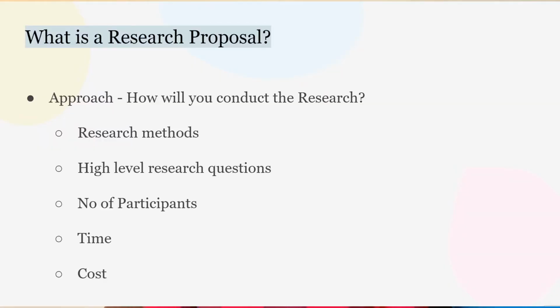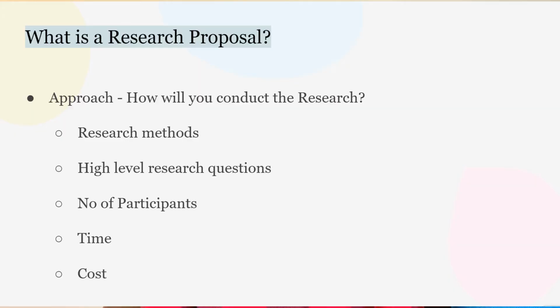You also need to include high-level research questions. It just gives a brief context of what kind of questions you will be asking. Then the number of participants, which is also dependent on your research method. If you're doing qualitative research, then the number of participants will be less compared to a survey. Sometimes a survey is in fact carried out with 200 to 300 participants. Sometimes you conduct your qualitative research with probably just 5 or 7 participants.